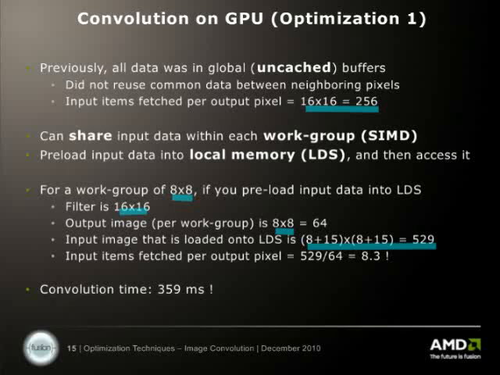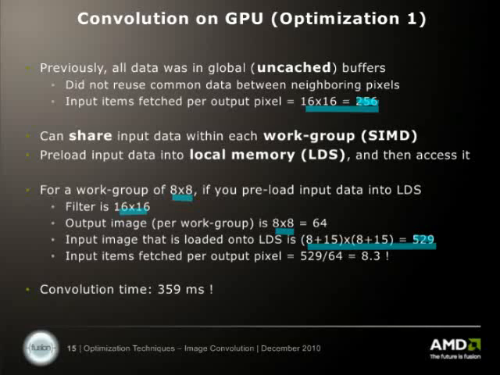So the input image that is loaded onto the LDS, if you have an 8 by 8 output image, the input image that you need is (8 plus 15) times (8 plus 15), that is 529 values, right? Oh, sorry, my bad.